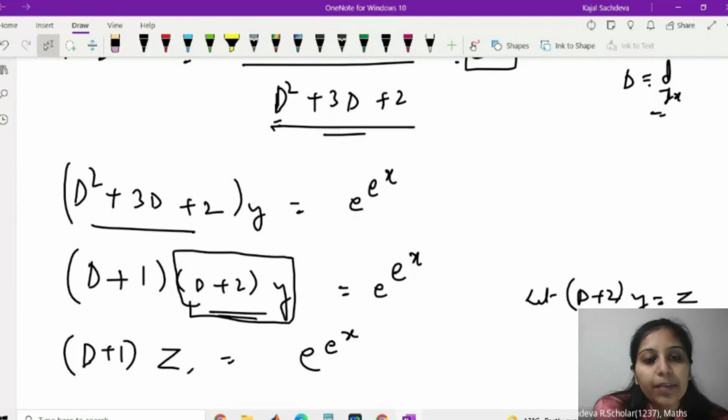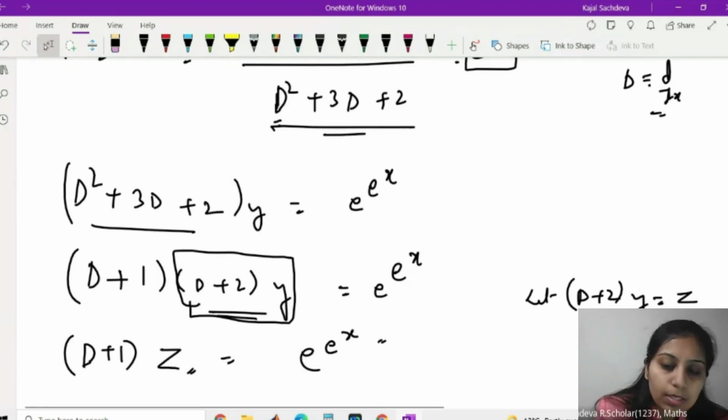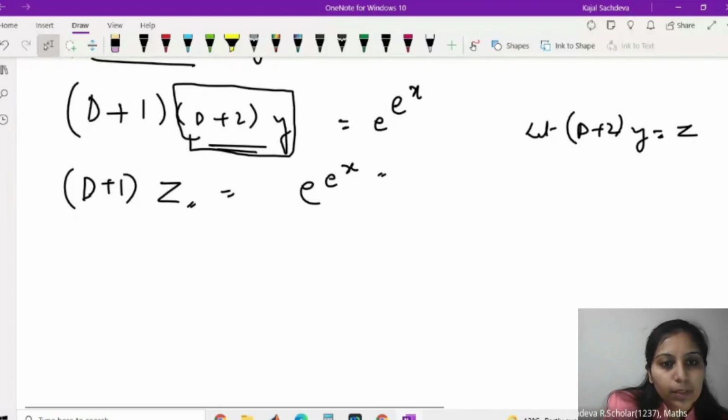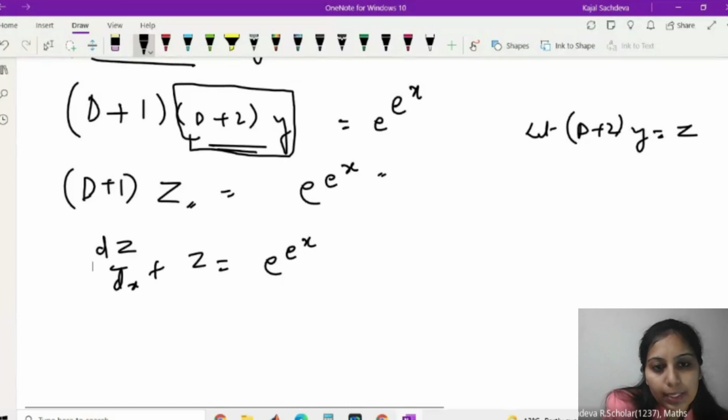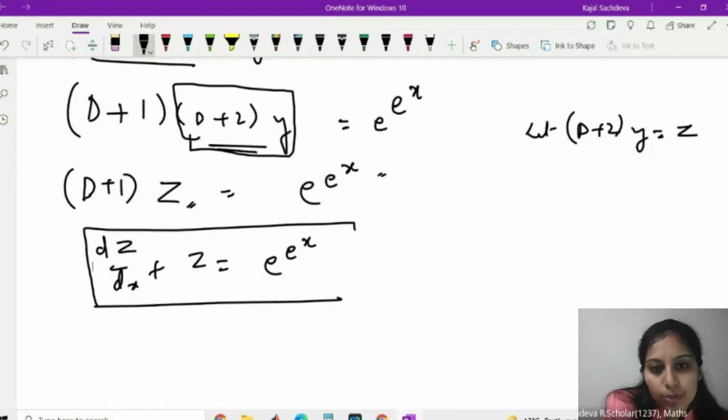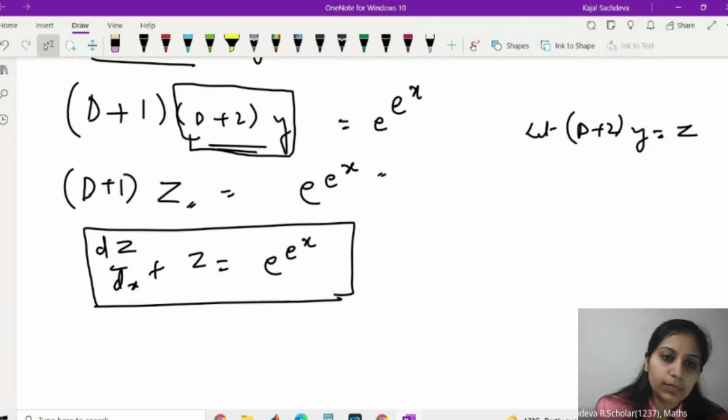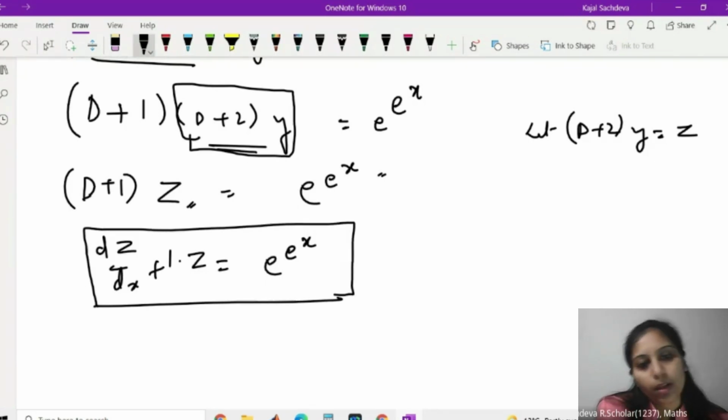Now our dependent variable is z and the independent variable is still x here. Now you can see this equation is of what type? If I write dz by dx plus z is equal to e raised to power x, have you discussed the solution of this type of equation? Yeah, I will remind you.